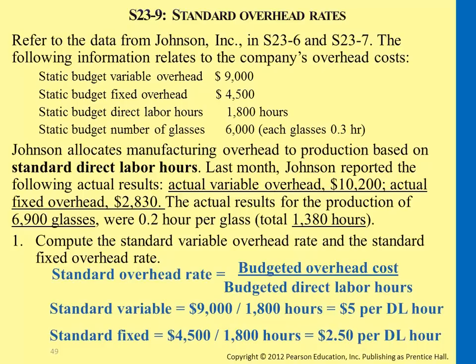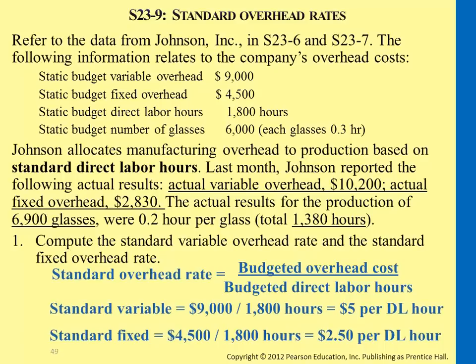So if we want to get variable spending variances, we are comparing which two numbers here? We're comparing 10,200, that's the actual cost, and we should compare that against what? Using the static $5 times the actual number of hours used, right?